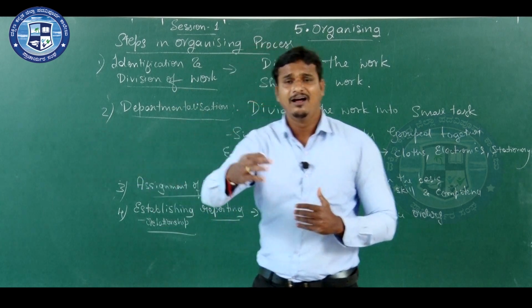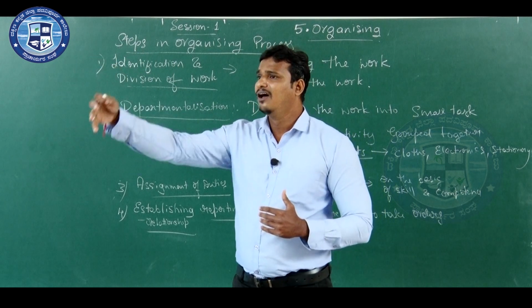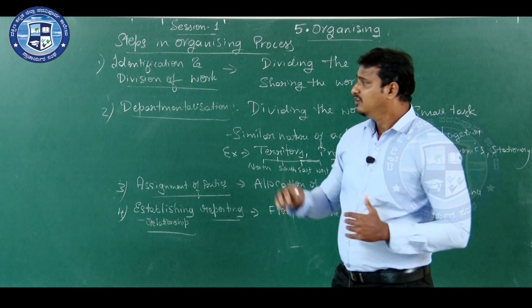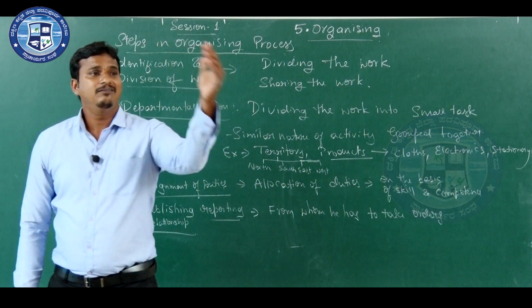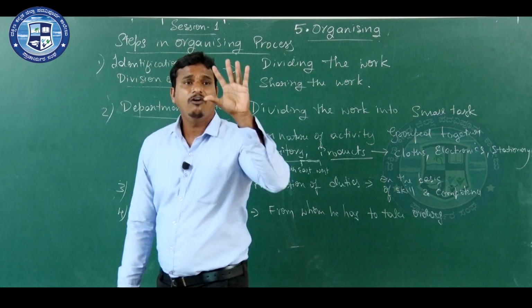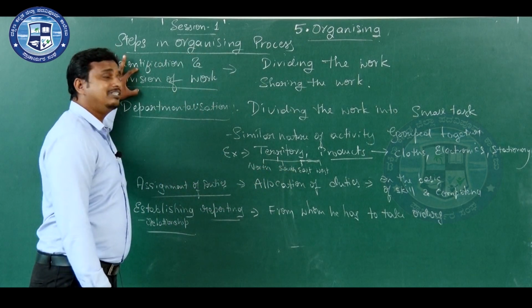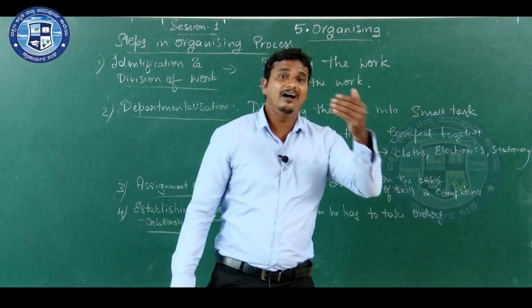In the library, first you identify which books are there in the truck to be unloaded. That is called identifying the work, and dividing: I divided all the 50 students into 5 groups. So, that is called identification and division of work. Dividing the work and sharing the work is the first step.